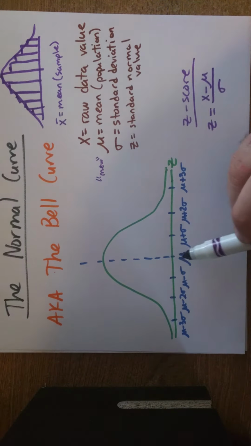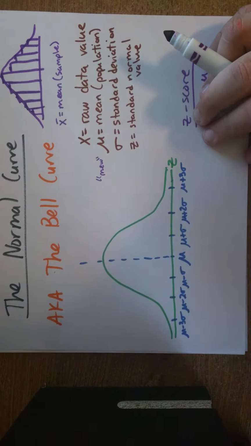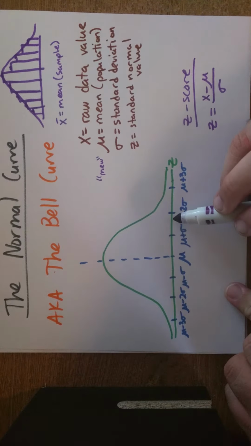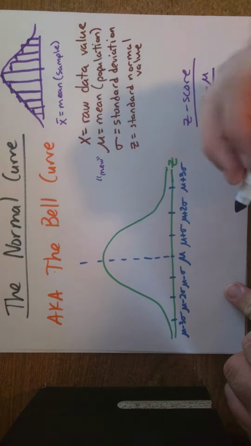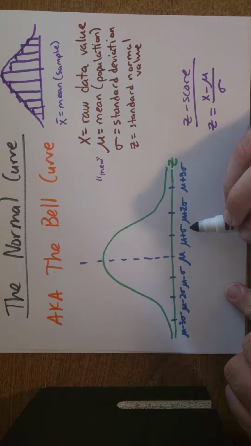So the bell curve is symmetric around the mean, meaning that if I took this part and folded it over the dotted line, it would fit perfectly. Also, each unit is not one unit like the number line. Well, it's a unit, but it's not like 1, 2, 3. Each unit is a standard deviation. Remember, standard deviation is sigma.